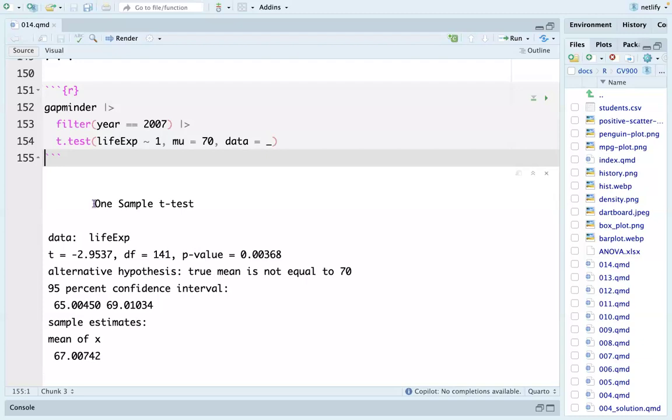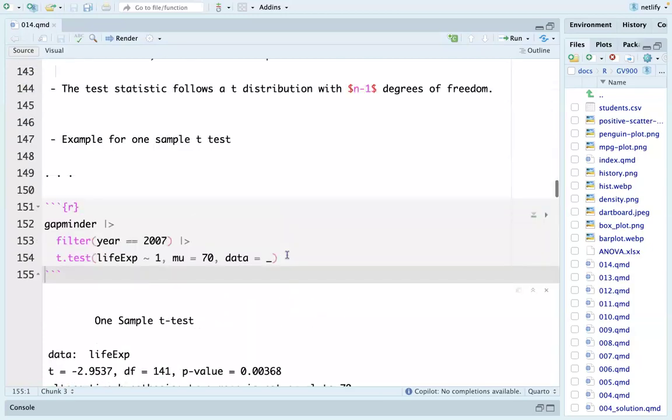The outcome tells us this is a one sample t-test. The statistic value is minus 2.9, which is pretty high. So the t is pretty high, which means the p-value is pretty small.